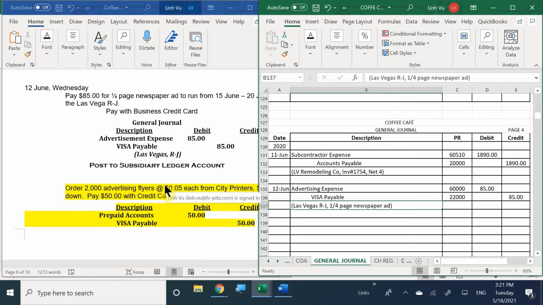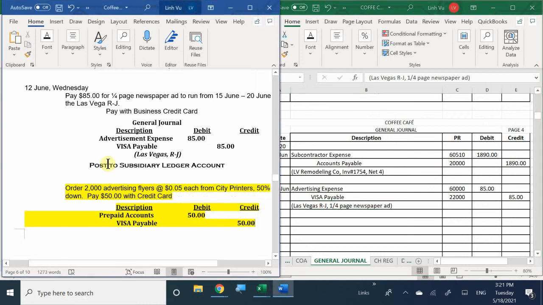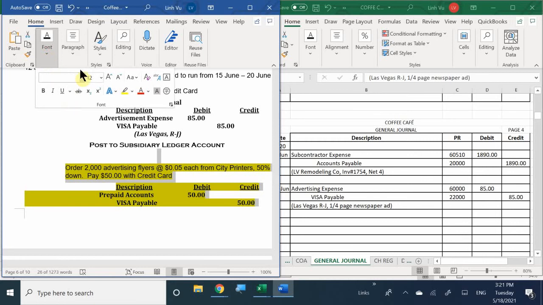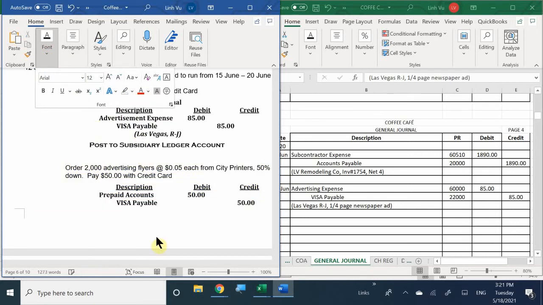Okay, so here we are. We have this transaction right here. So what else did we make a purchase for? Data flyers. We made flyers to pass out and hand out to the public.